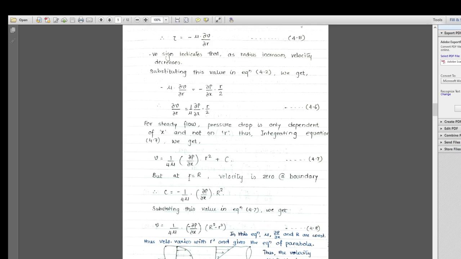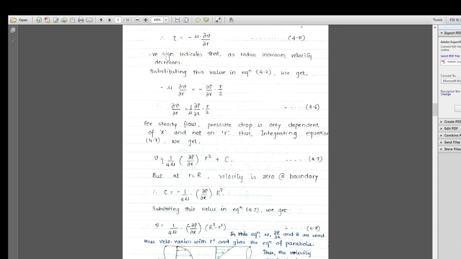But we know that small r is equal to capital R and velocity is 0 at the boundaries. So we can calculate the constant.